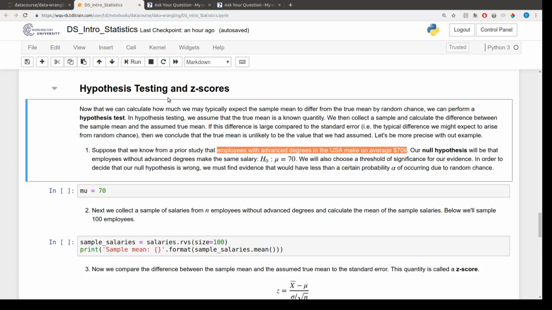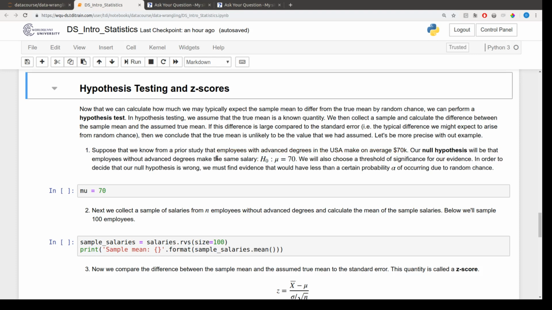We could just assume some average salary for people without advanced degrees. But it makes some amount of narrative sense for me to say, I'm pulling on my prior knowledge of people with advanced degrees. Let's just assume there's no difference. Maybe degrees make no difference. So we'll just assume that they make the same amount.